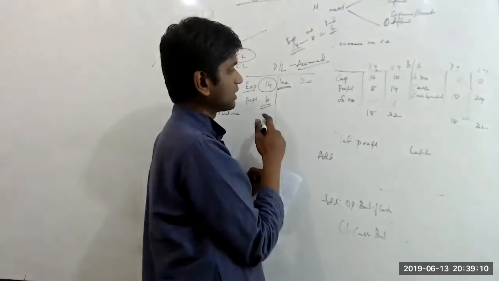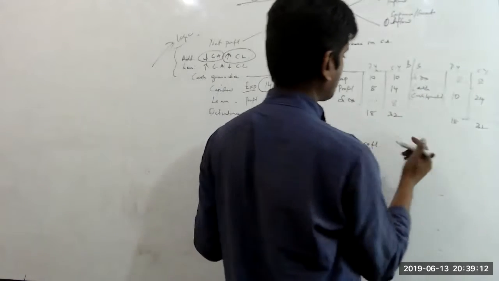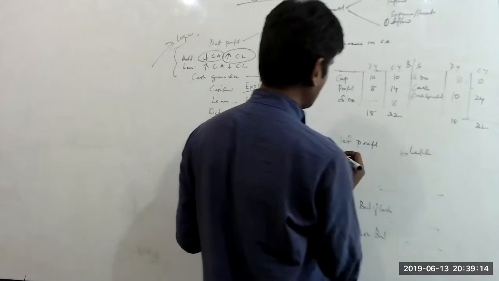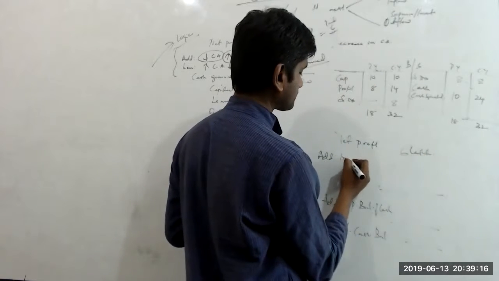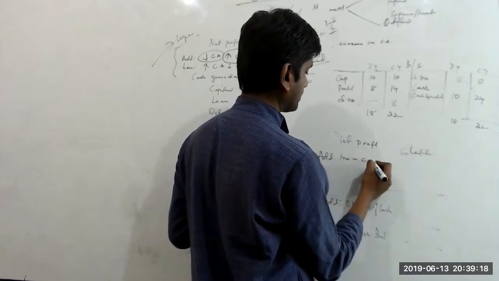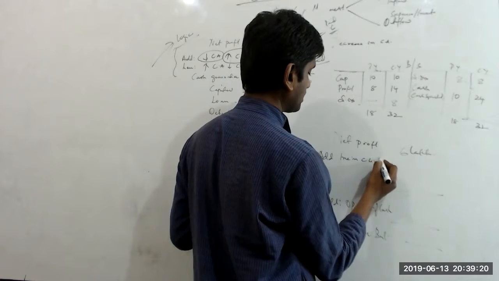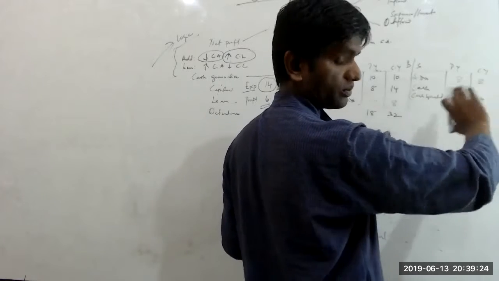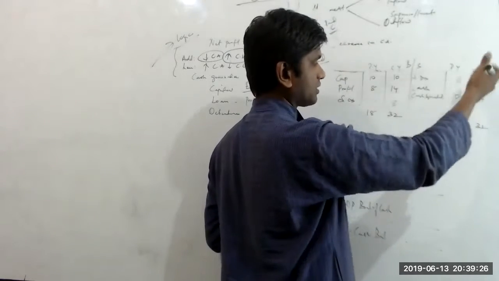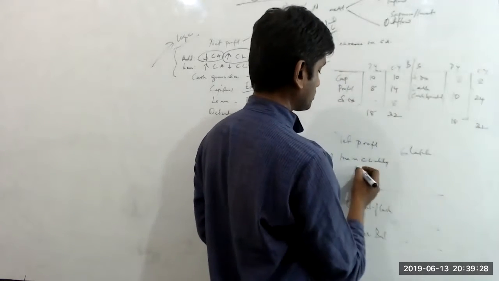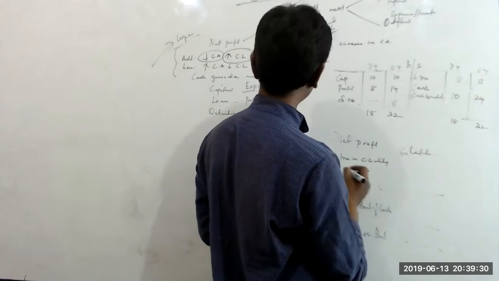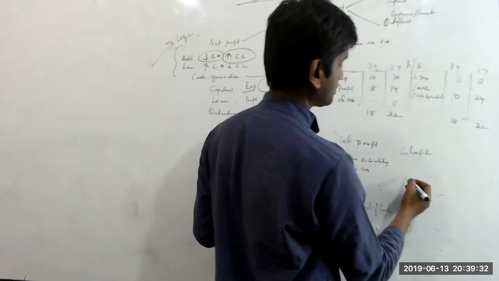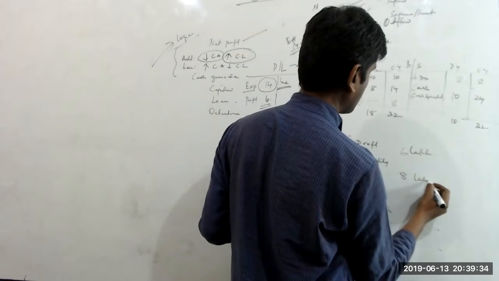In order to do that, the net profit is 6 lakhs. I'm going to add the increase in current liability. What does an increase in current liability mean? It means that there is no cash outflow. When there is no cash outflow, naturally the cash balance will not drop. So this is creditors. As compared to the previous year, there is an increase of 8 lakhs.